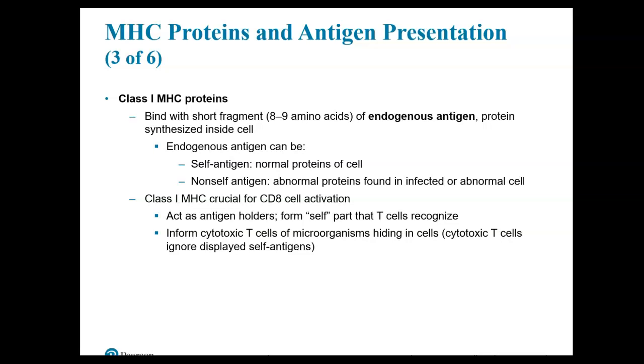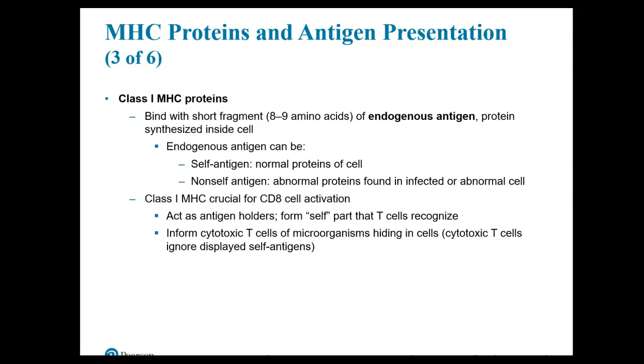Okay? So what's a cell that has a nucleus that can display a Class 1 MHC? Well, not a red blood cell, but a skin cell, a muscle cell, a bone cell. I mean, any cell in our body is going to have Class 1 MHC proteins on the surface of the cell because they're called self-antigens.